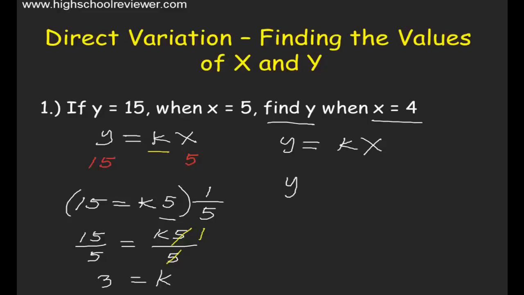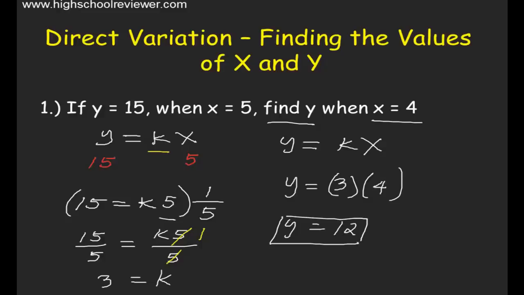Okay, so y will be equal to, our k here is 3 and our x is 4. So y will be equal to 3 times 4, that is 12. So y equals 12 and k equals 3. They are our answers for number 1.